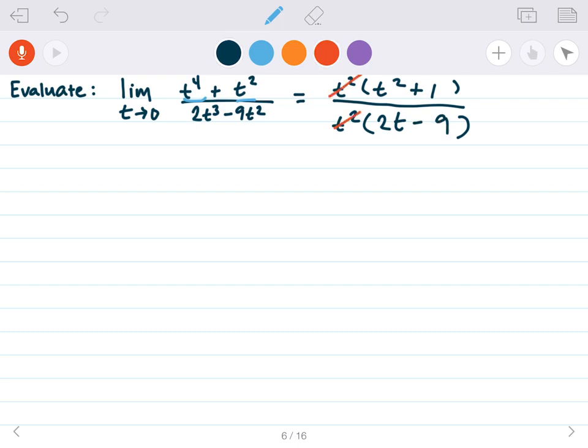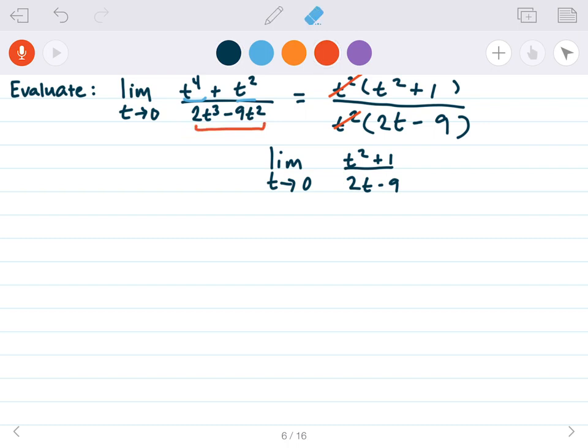Now we have a removable discontinuity. These t squareds can cancel, and now we're left with t squared plus 1 over 2t minus 9. Of course, we're still taking the limit. I'm just being a little bit sloppy here, not writing it. But now we don't have a problem plugging in 0 for t, because in the original problem, if we plugged in 0 for t, we would end up getting 0 in the denominator.